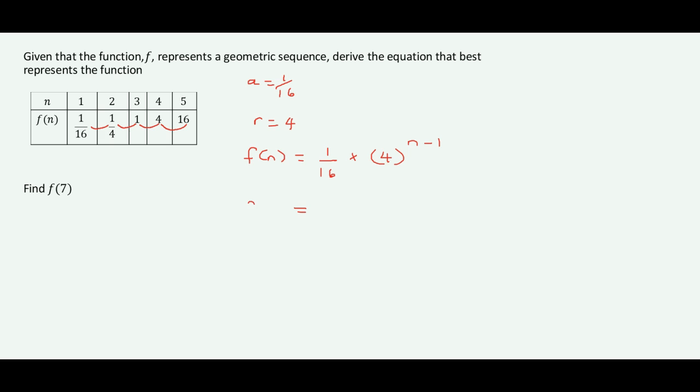So for f of 7, we're going to have 1 over 16 multiplied by 4 to the power of 6. 4 to the power of 6 is 4096. If you divide this through, you should get 256. So f of 7 is equal to 256.